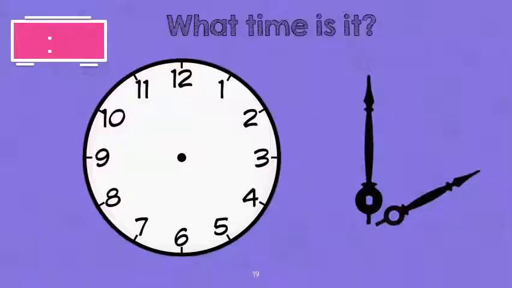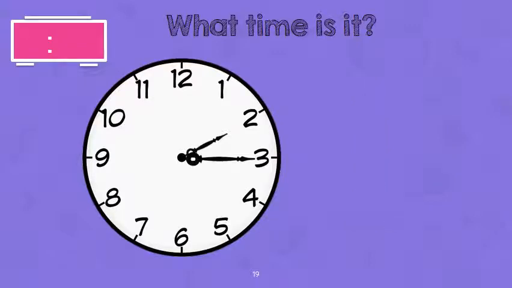Okay, now let's look at an example, okay? So remember how I said, we have the small pointer and it tells us the hour. So let's put the small pointer on the 2. And now let's get the big pointer and put on the 3. So now let's see what time is it. So it's 2.